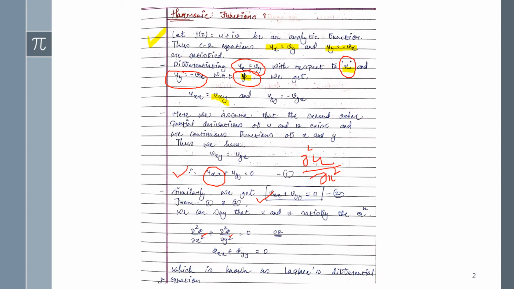That's why I have written it in terms of phi, because in fluid mechanics you will use the operator phi: del square phi upon del x square plus del square phi upon del y square equals 0, or we can denote it as phi xx plus phi yy equals 0, which is known as the Laplace differential equation.